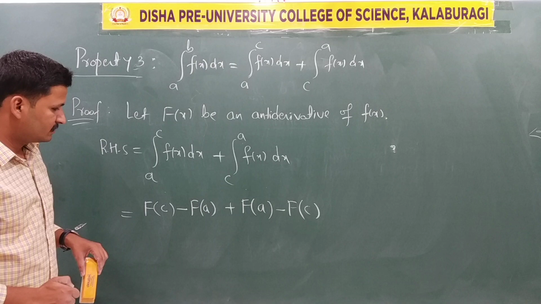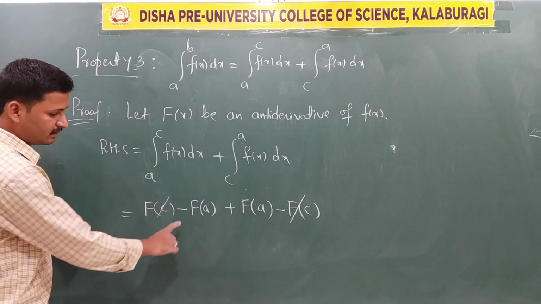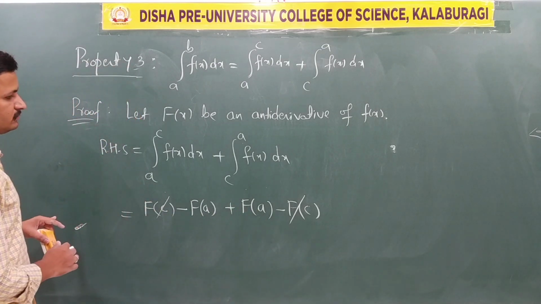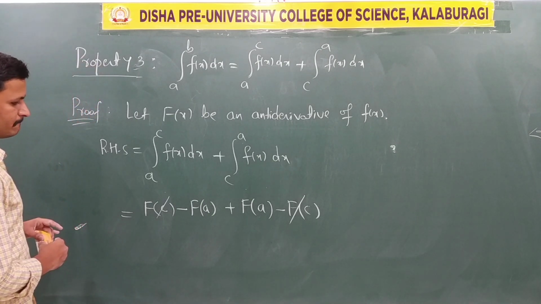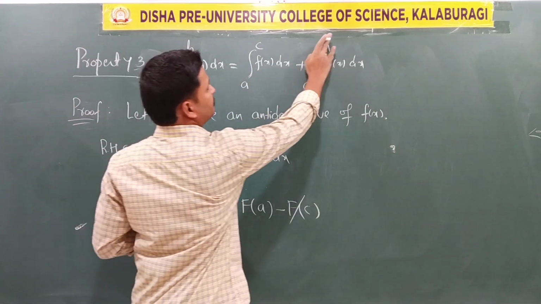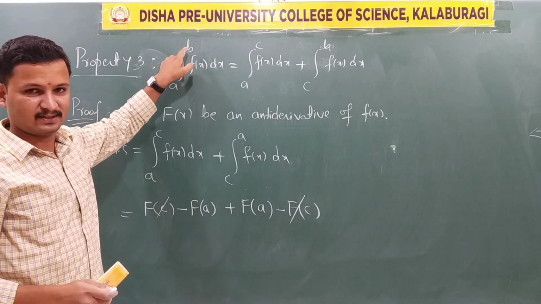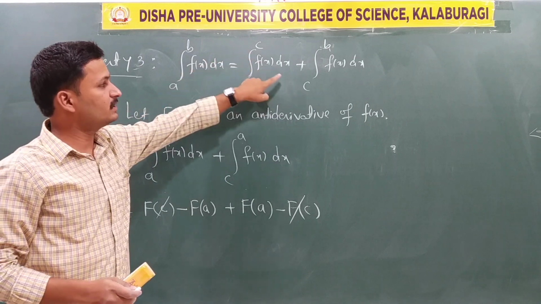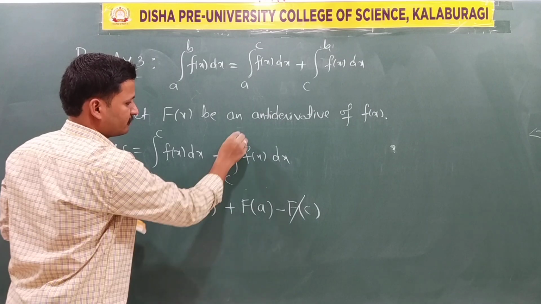Now see, here plus F of c and here minus F of c get cancelled. Wait a minute. The interval is a to b, the integral from a to b f of x dx, so that is a to c plus c to b, so here you need to take b.